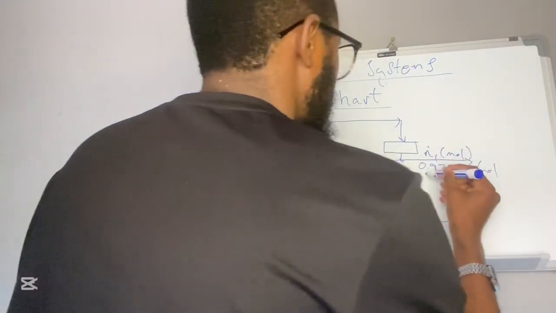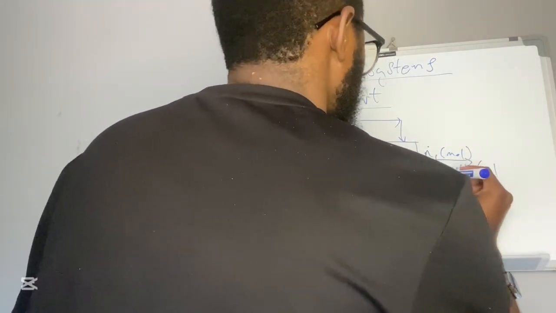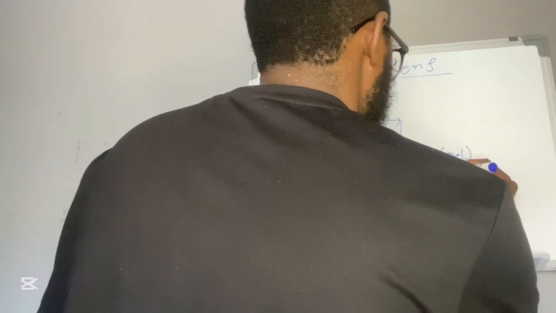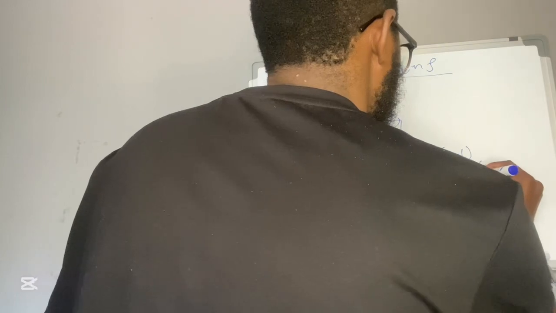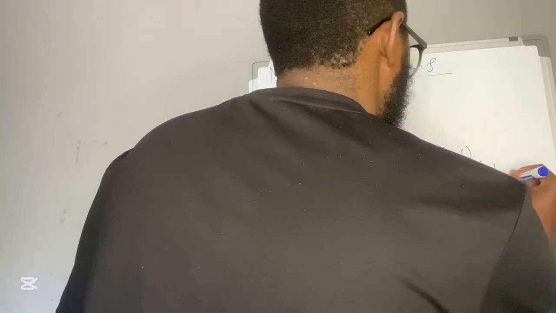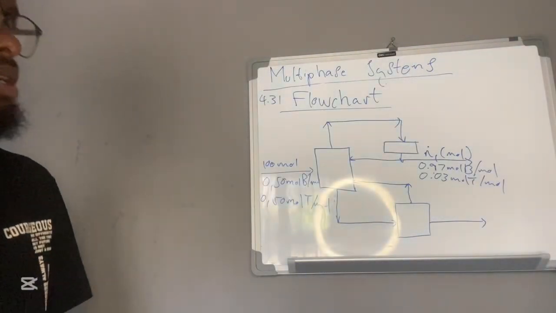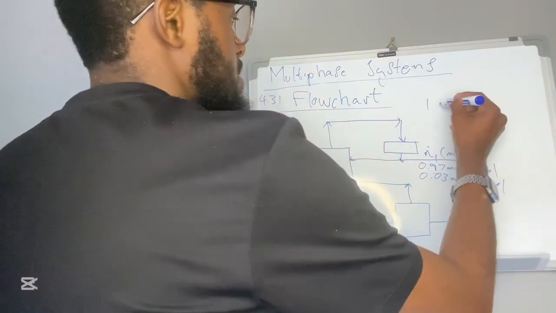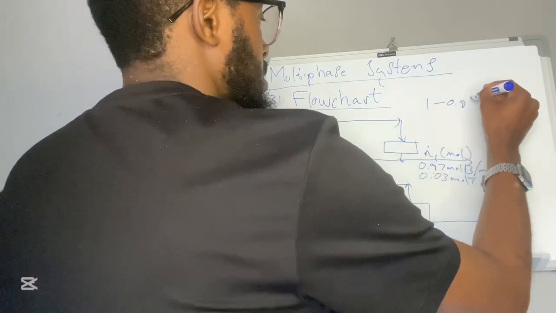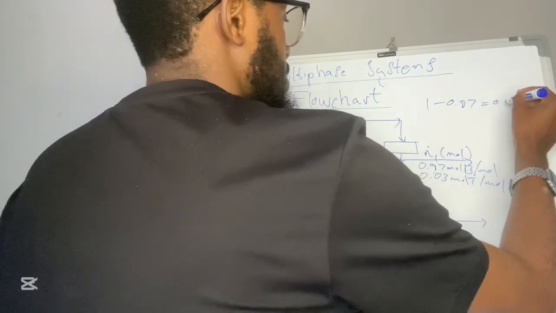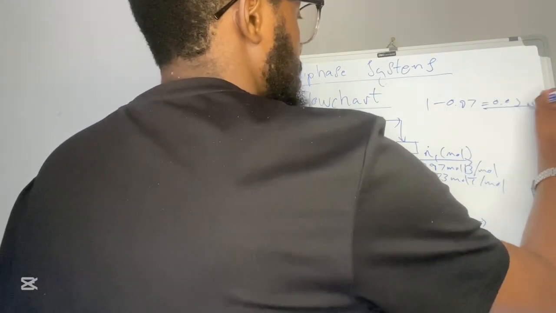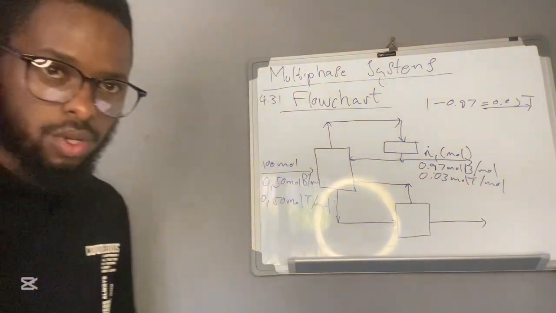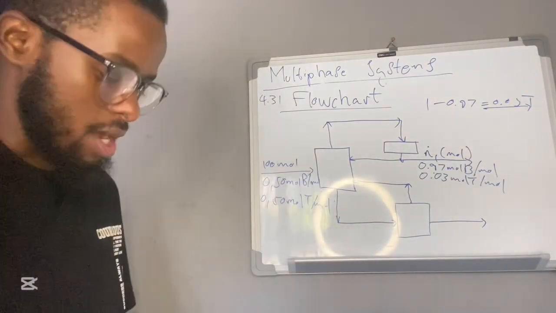Obviously, if you do your calculations right, you see that this is 0.97 mole benzene per mole, and 0.03 toluene. This is toluene. That's how you find it.